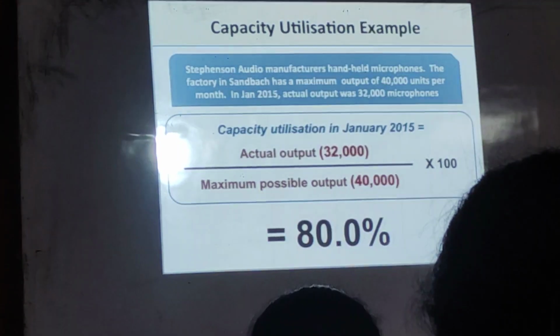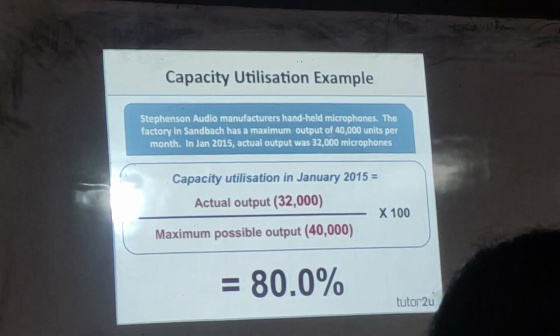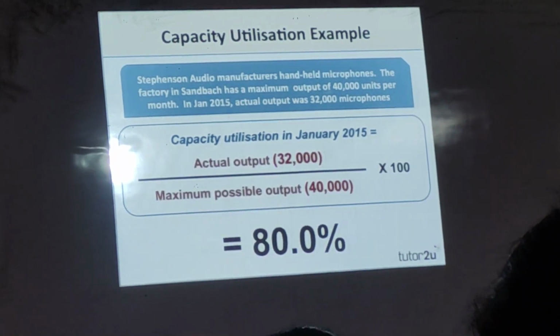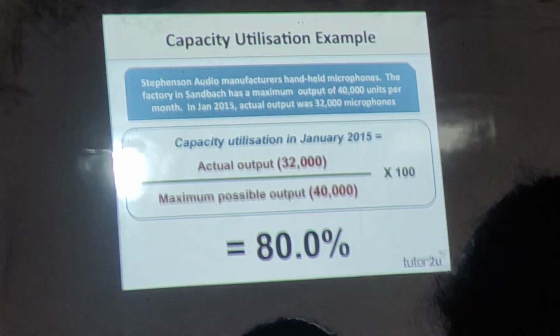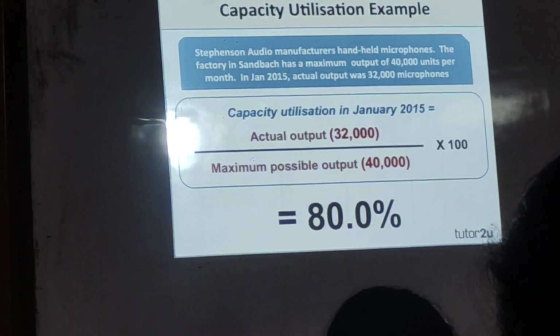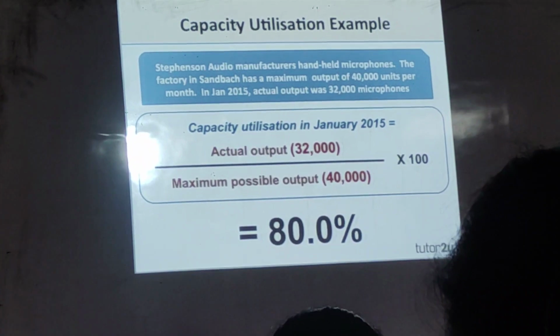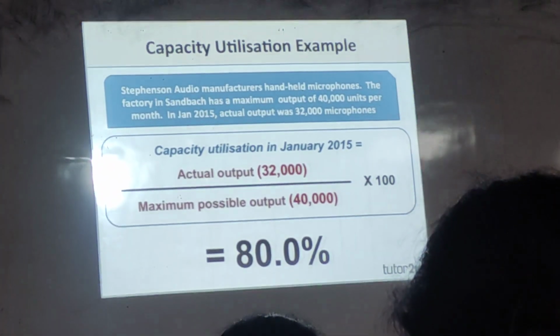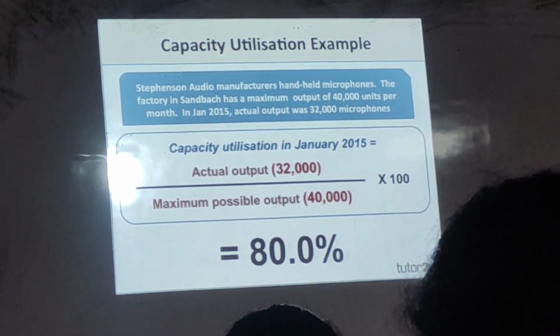So, we have a scenario here. Stephenson Audio manufactures handheld microphones. The factory in Sandbach has a maximum output of 40,000 units per month. So in January 2015, actual output was 32,000 microphones.